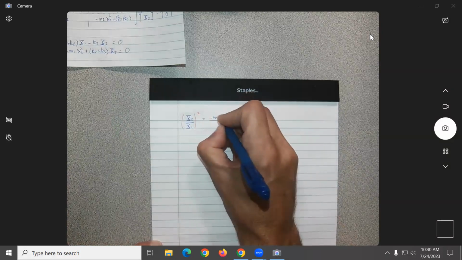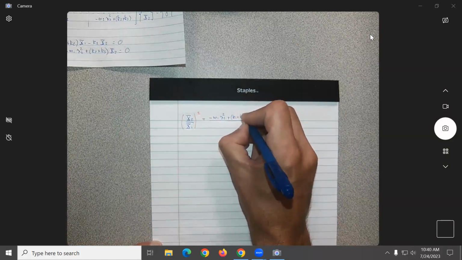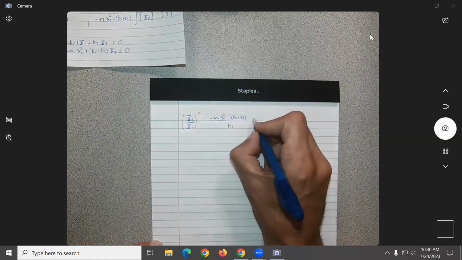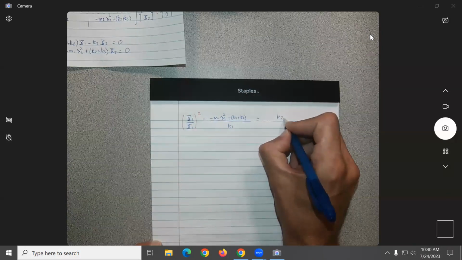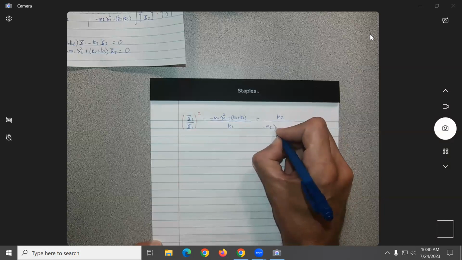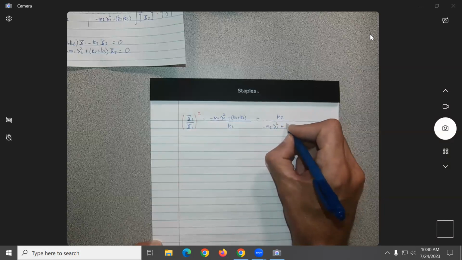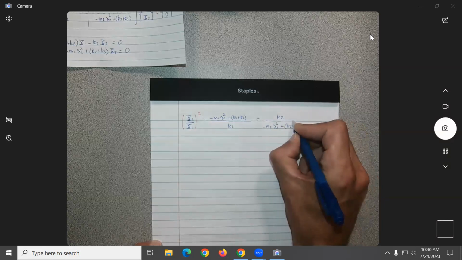Minus M1 λ2 square plus K1 plus K2 over K2, K2 over minus M2 λ2 square plus K2 plus K3.